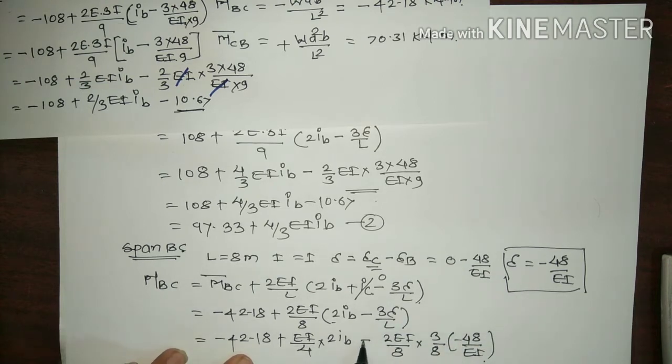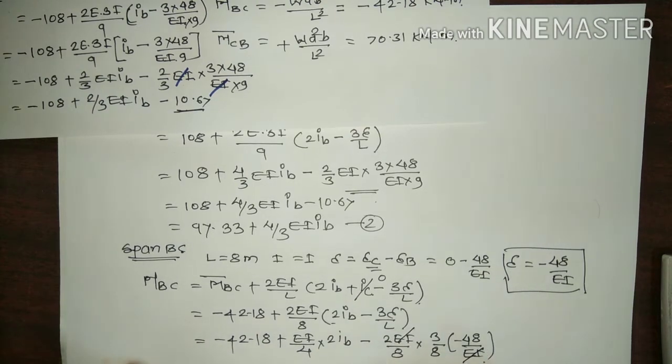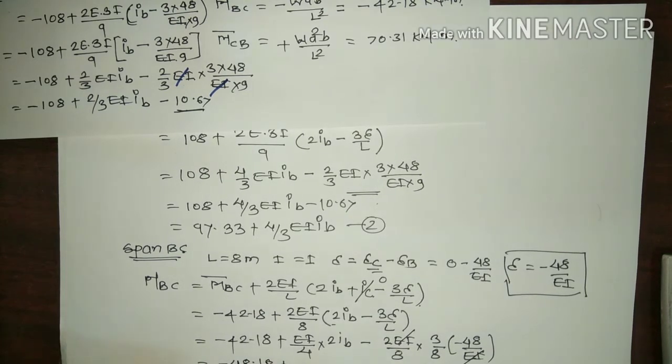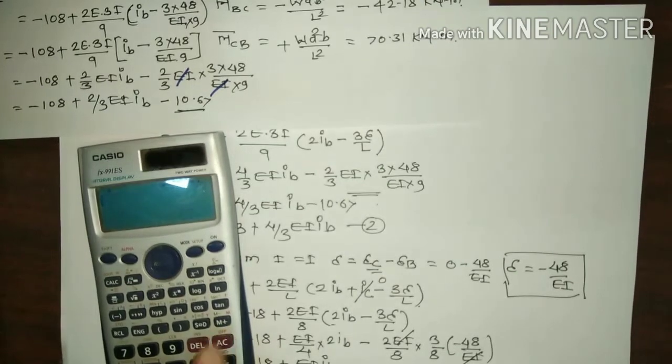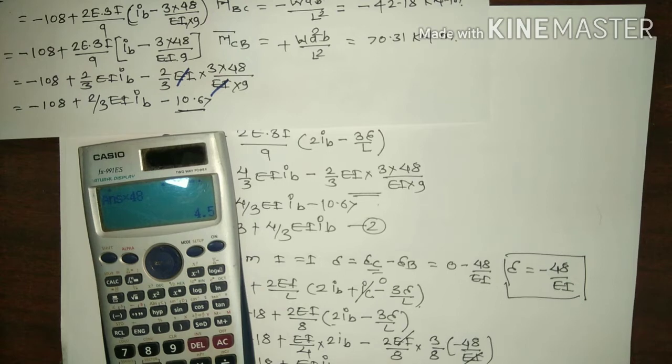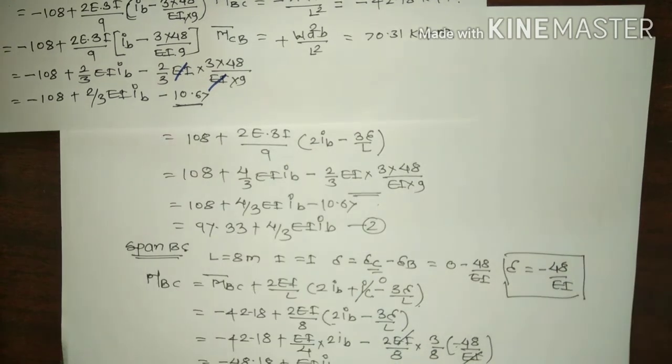So this minus becomes the plus, then this EI and this EI get cancelled out. So minus 48.18 plus EI θB divided by 2 minus this value becomes here 2 by 8 into 3 divided by 8 into 48. So this becomes 4.5. So this becomes plus 4.5, with this minus and this minus becomes the plus.